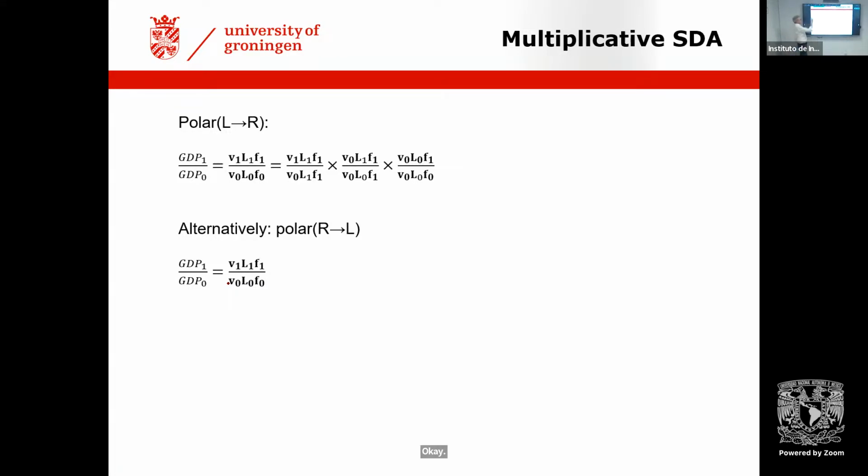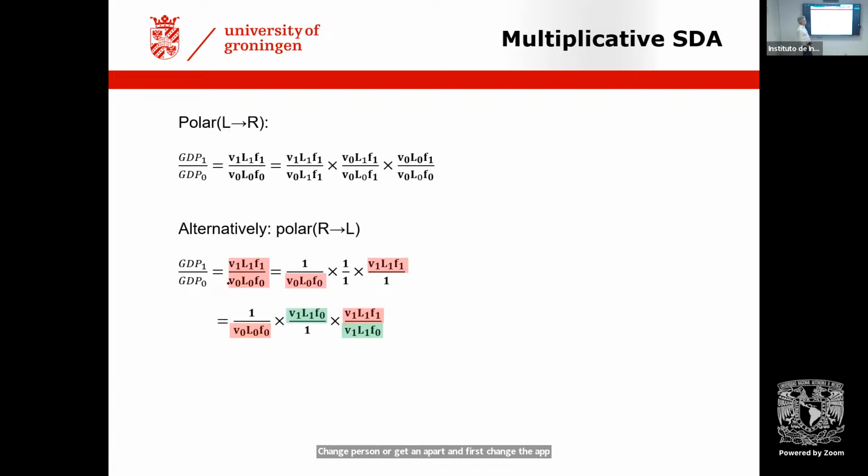So this was the polar from left to right. The polar from right to left is F first, then L, then V. So first get them apart, and first change the F1 into an F0, and correct for that.